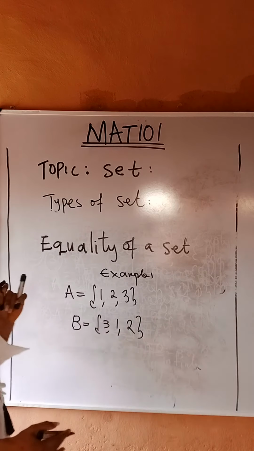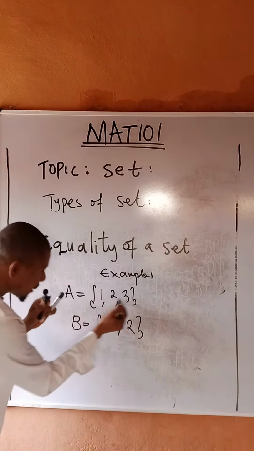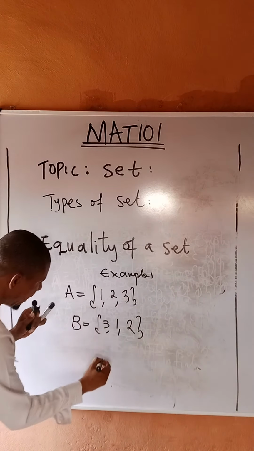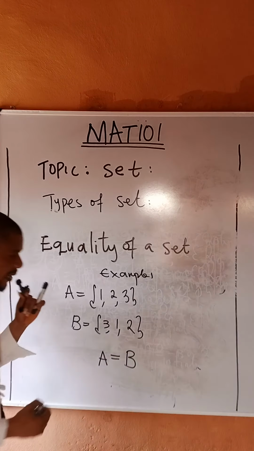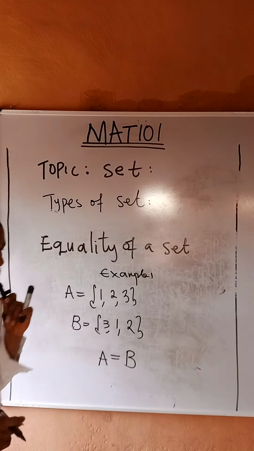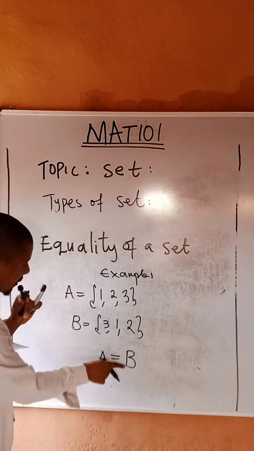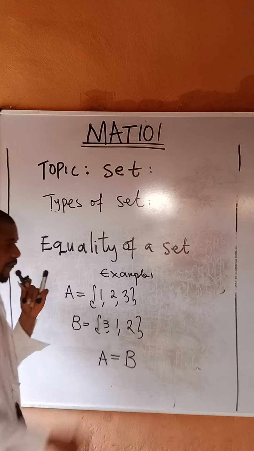When you look at this, you see that the order of the arrangements is not the same. But each of these elements that are here can be found here. So in this case, we can say that the set A is equal to set B, because every element I have here can also be found here.